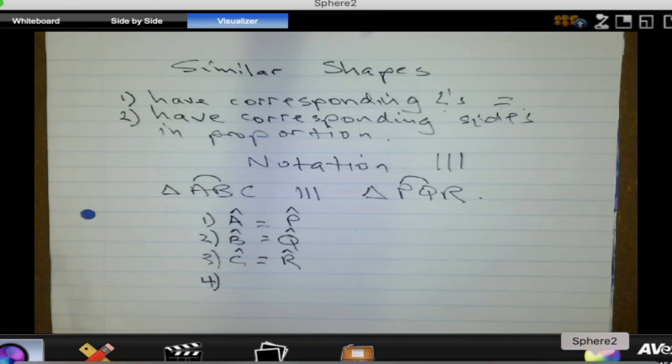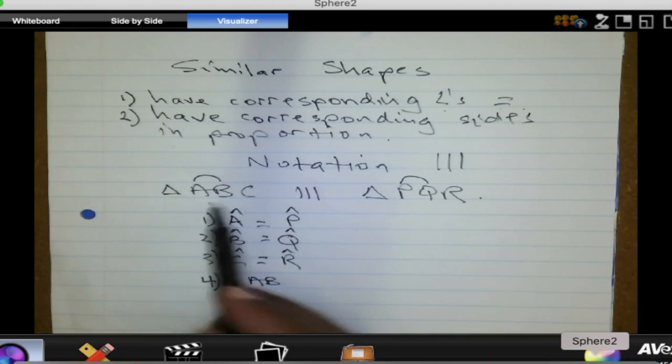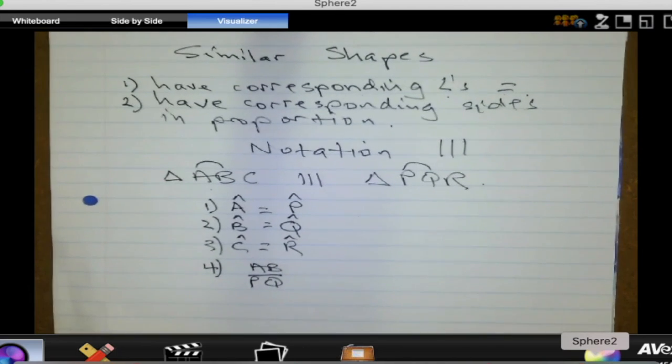But the sides are in proportion, which means if we take side AB from triangle ABC and we divide it by PQ, that is called the ratio. AB over PQ is called the ratio. So if you want, you can say corresponding sides are in the same ratio. That is exactly the same thing as proportion.